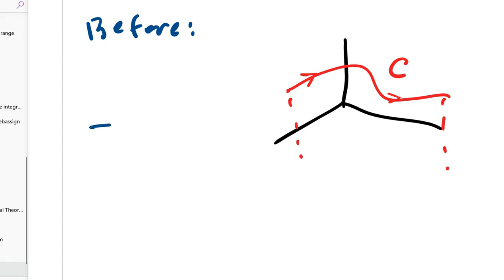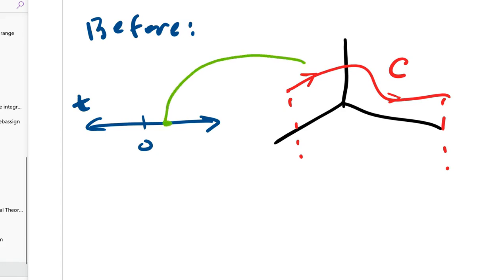And in order to get that curve, in order to parameterize it, we used a parameter t. We used points on the number line, and we associated them to points on the curve. So like this.